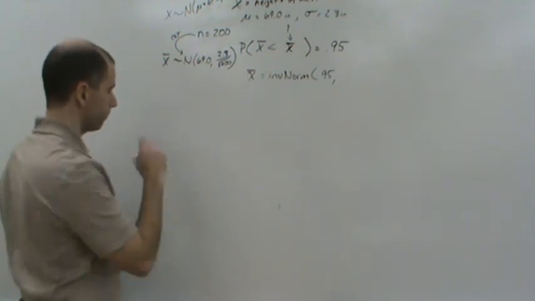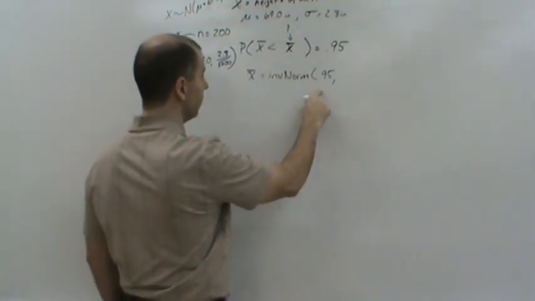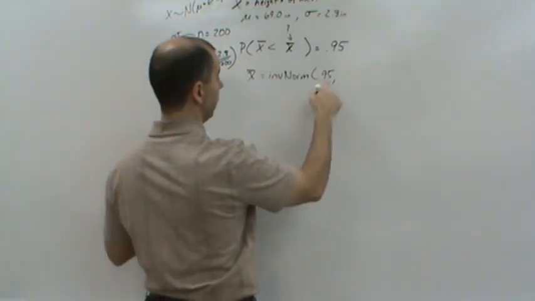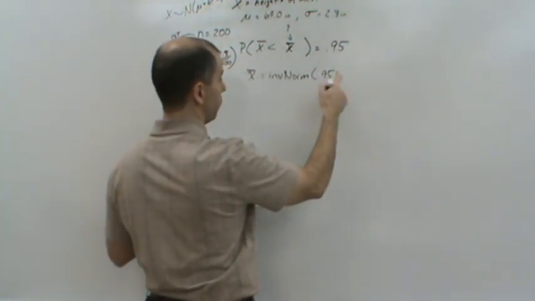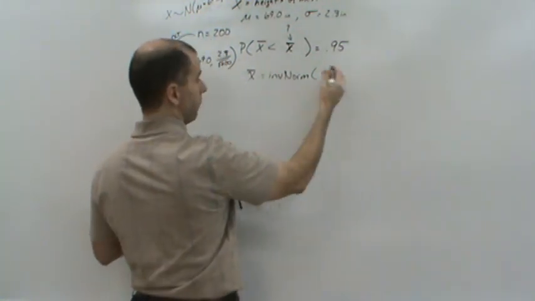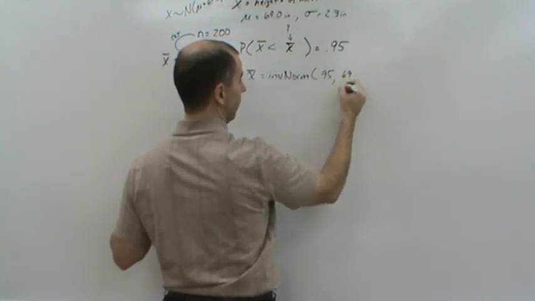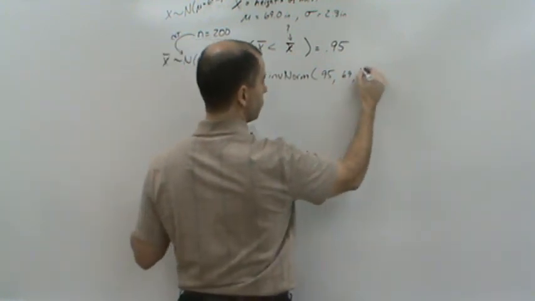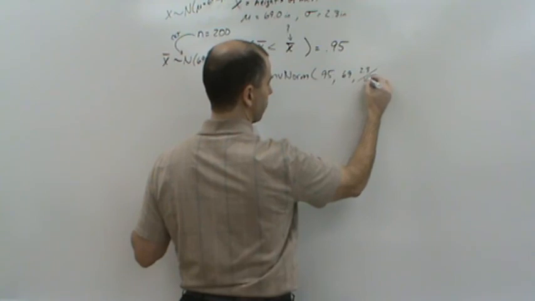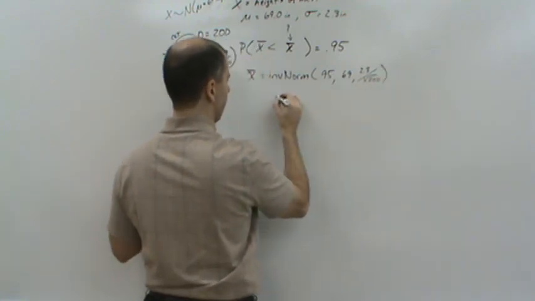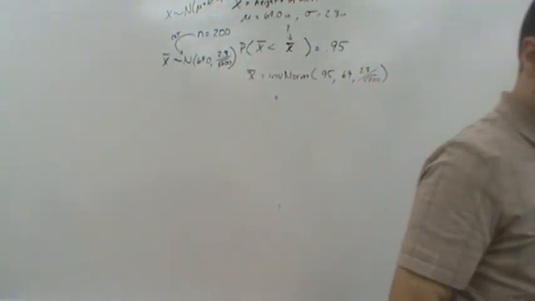Now, in this case, what are we going to put in? We're going to put in inverse norm. So the area to the left is 0.95. The mean is 69. And the standard deviation is 2.8 divided by the square root of 200. And so what is the height of a man that represents the 95th percentile?